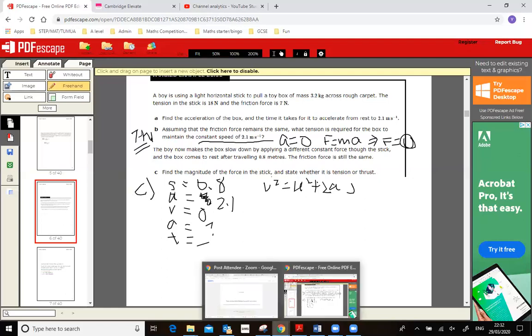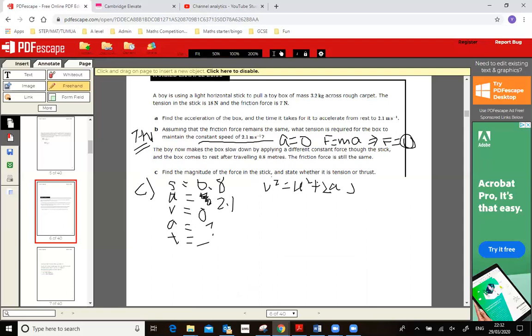Okay, so let's substitute our numbers in. So V is 0, and that equals 2. So 0 squared equals 2.1 squared plus 2A times S, which is 0.8.